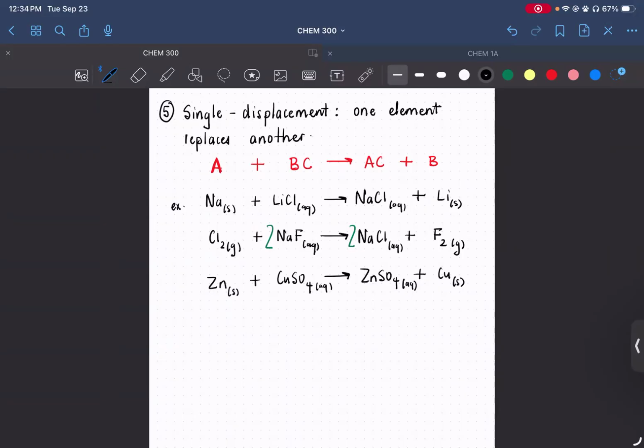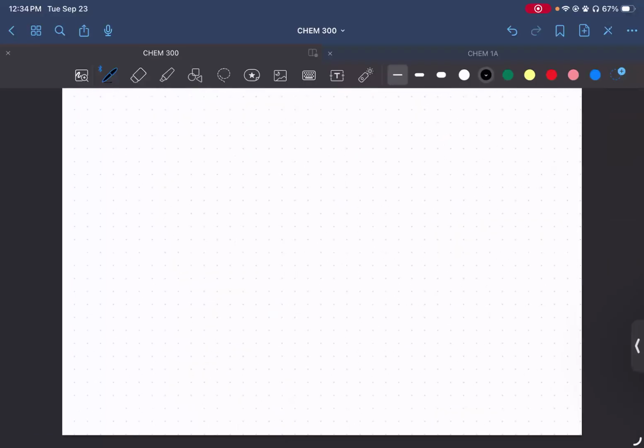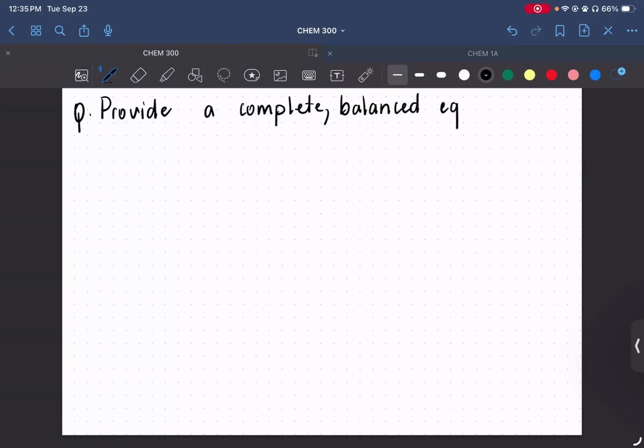Single displacement ends our conversation on reaction archetypes. What we need to do now, or the next big thing, is a sample question that says, provide a complete balanced equation with state symbols for the reactions below.